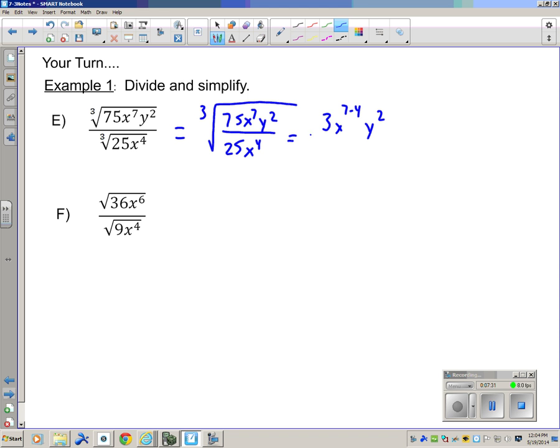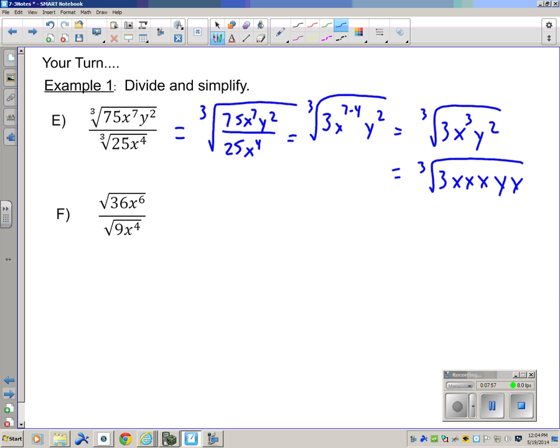And then y to the 2nd still up there. So I end up getting the cube root there of 3x to the 3rd, y to the 2nd. I can't think of any 3 numbers that when I multiply that I end up getting 3, so that can't do anything with the 3. x's and then y's.